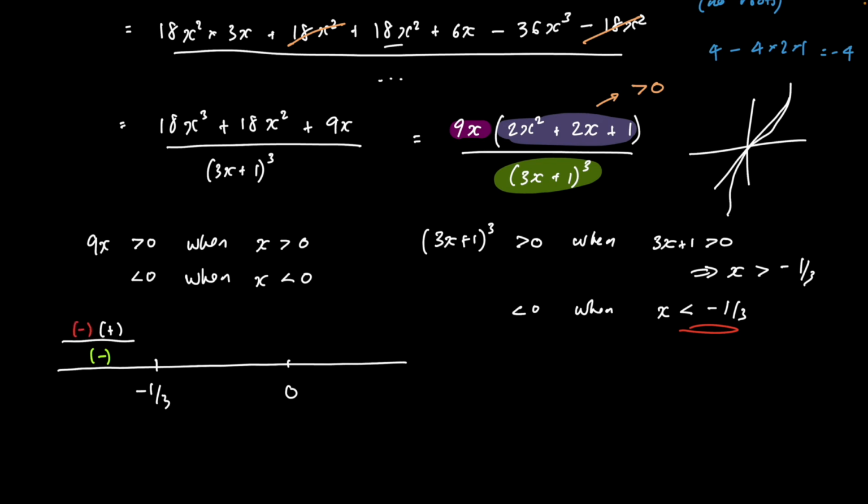And so overall, we're going to have a positive f double prime when we're to the left of negative 1/3. When we cross that negative 1/3 boundary, our 3x plus 1 term is going to become positive. So if we look at our expression, the 9x is still negative.